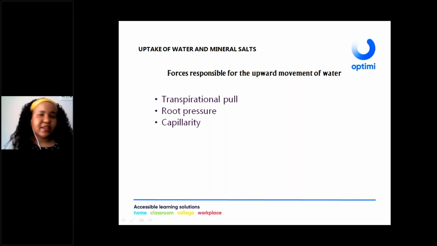Another force would be the root pressure. Remember, when water diffuses into the root, it creates root pressure. Then the transpirational pull will draw the water upwards. But still, gravity will want to bring it down. That's where capillarity comes into play.